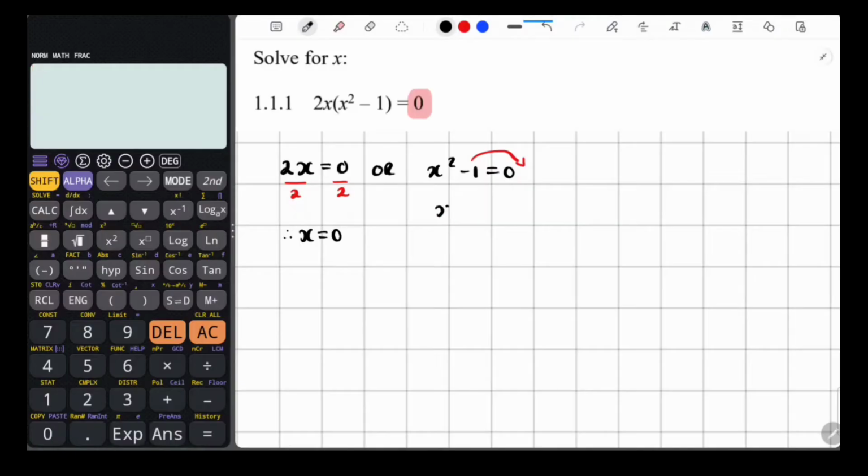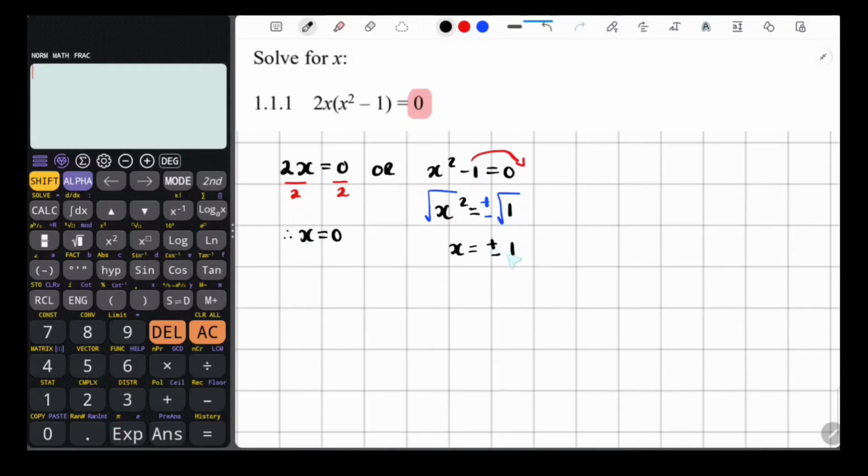So x squared is now equal to positive 1. Then we need to get rid of this squared, so we square root both sides of the equation. But you need to remember to include a plus and a minus here. So x is going to be equal to positive or negative 1.